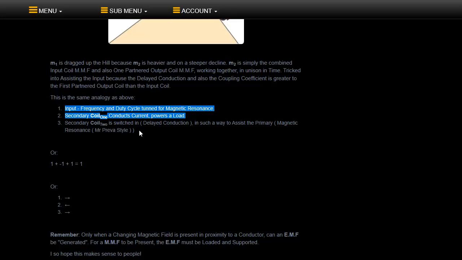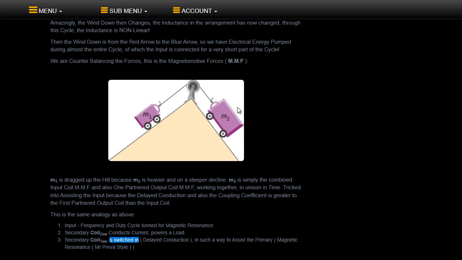It gets a bit complicated because we're dealing with magnetic fields that, like the Mr. Prever experiment, one's in reverse, and we need to start thinking that way. Anyway, the secondary coil 2 is switched in. So by getting the timing of the switch in such a way, we can get this to happen.